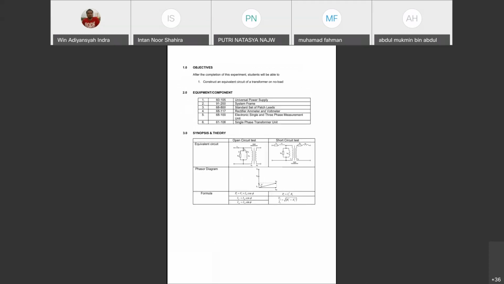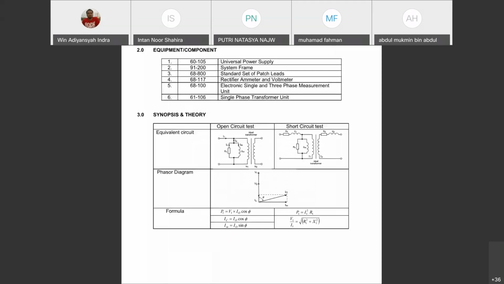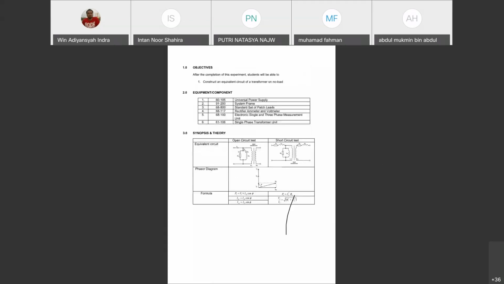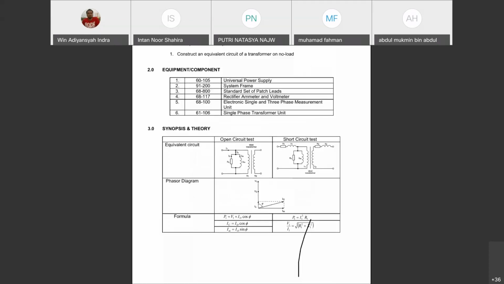This one, if you see, is IC, the coil loss current.